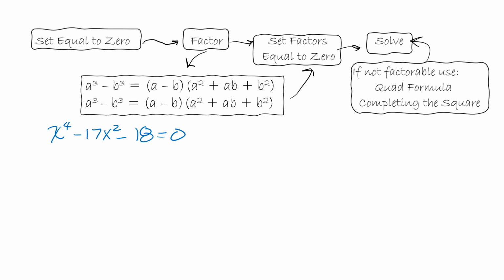Again, this can be factored, but since there's nothing in front of the x to the 4th, all we need are factors of negative 18 that add to negative 17, and that's just going to be negative 18 and 1. So this just factors to x squared, we're taking half of that, plus 1, and x squared minus 18.